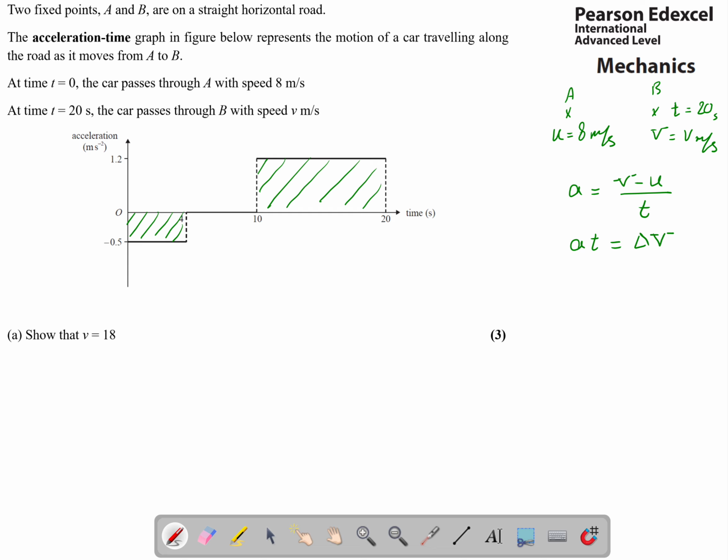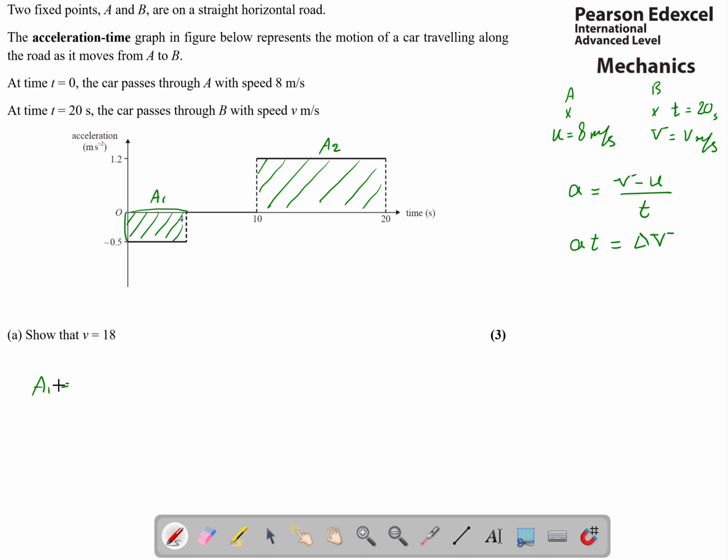Now we can calculate the change in velocity, or delta v. Okay, let's start from the first rectangle. This length of the rectangle is minus 0.5, and this length equals 4 seconds. So let's write this one area 1 and this one area 2.